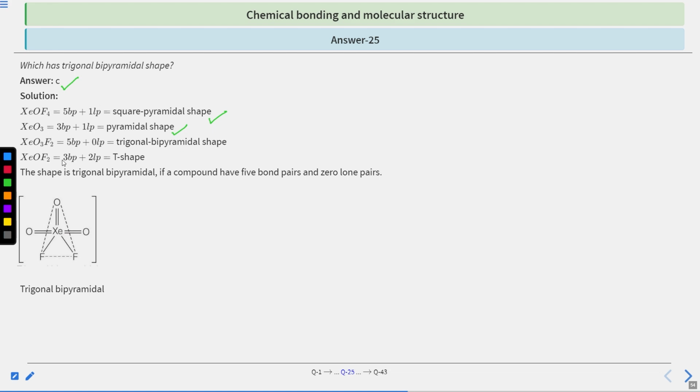And in XeOF2, 3 bond pairs and 2 lone pairs are present, so the shape will be T-shaped. So the trigonal bipyramidal shape occurs if a compound has 5 bond pairs and no lone pairs. This is present in the case of XeO3F2, and this is the structure of XeO3F2, which has trigonal bipyramidal shape. Hence, the correct option is C.